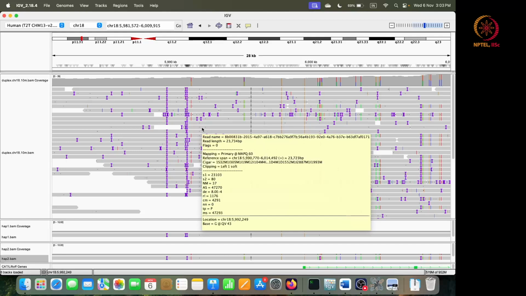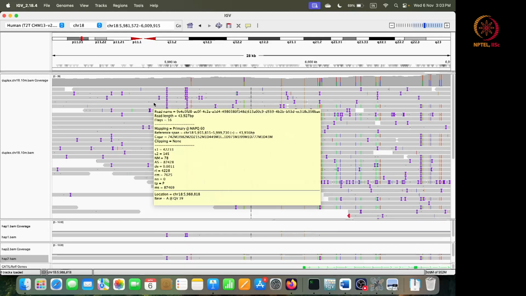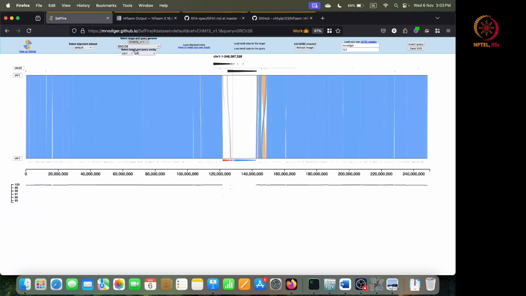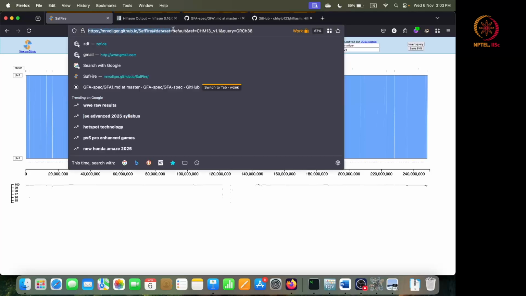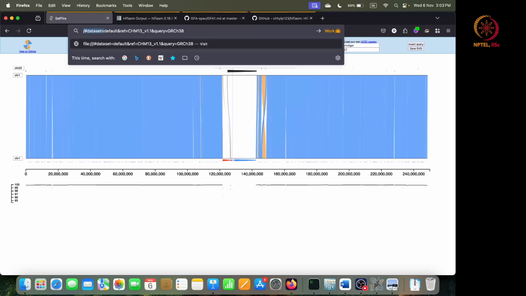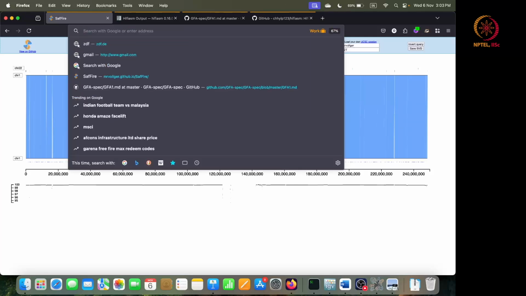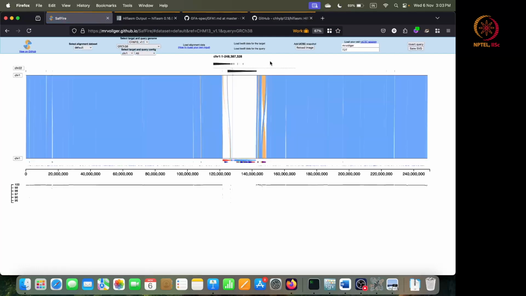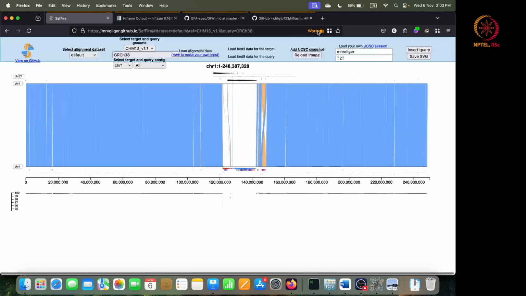Is there any other way to visualize these assemblies? Yes, there is a tool called Sapphire, and you can access it here. You can see that this comes preloaded with some alignments.